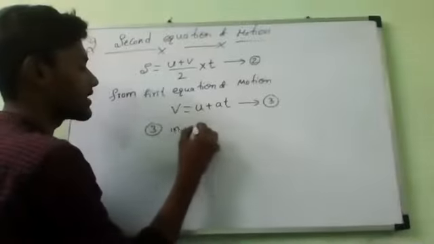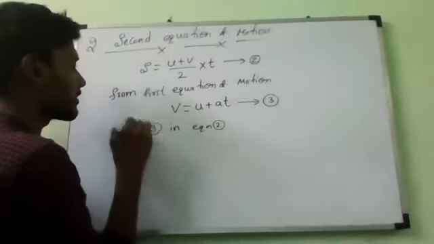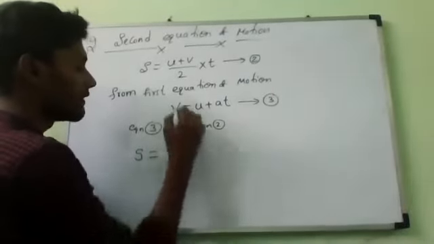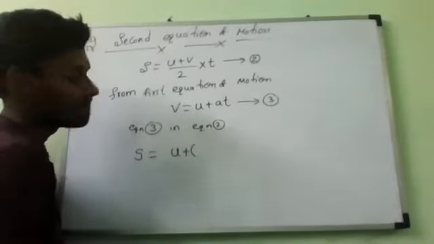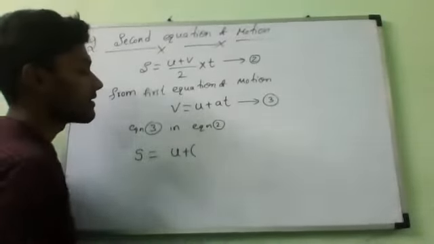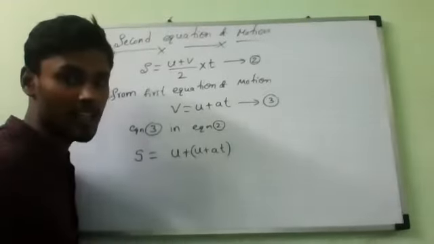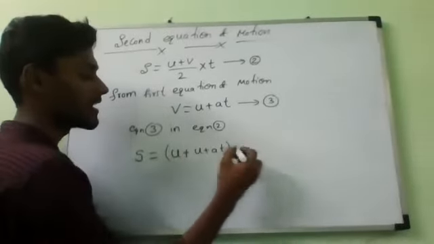So substitute equation 3 in equation 2. Can you say how the equation will come? S is equal to U plus V, and V is equal to how much? From U plus AT. That's all. So I need not keep the bracket; directly I can write because they are in addition.